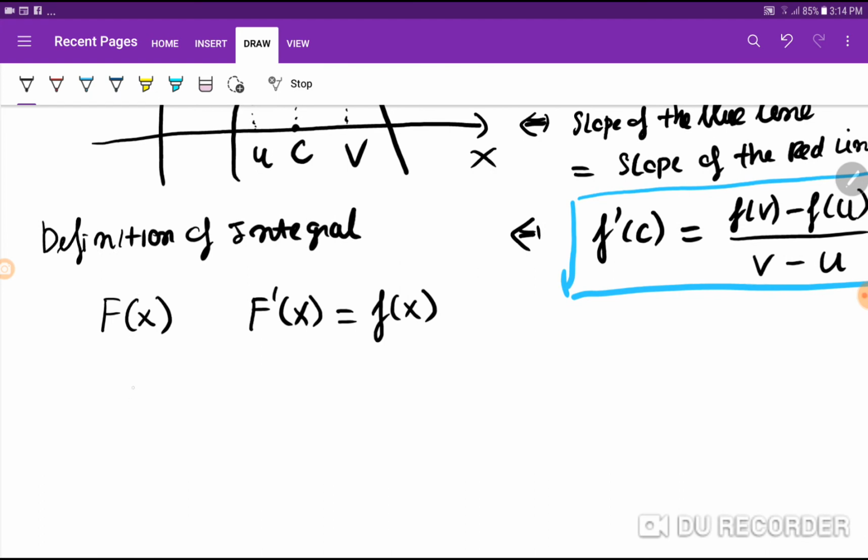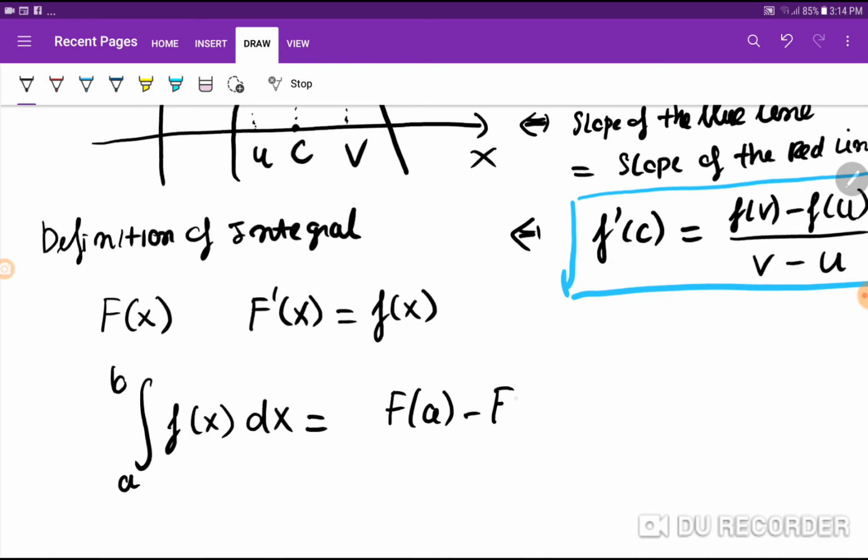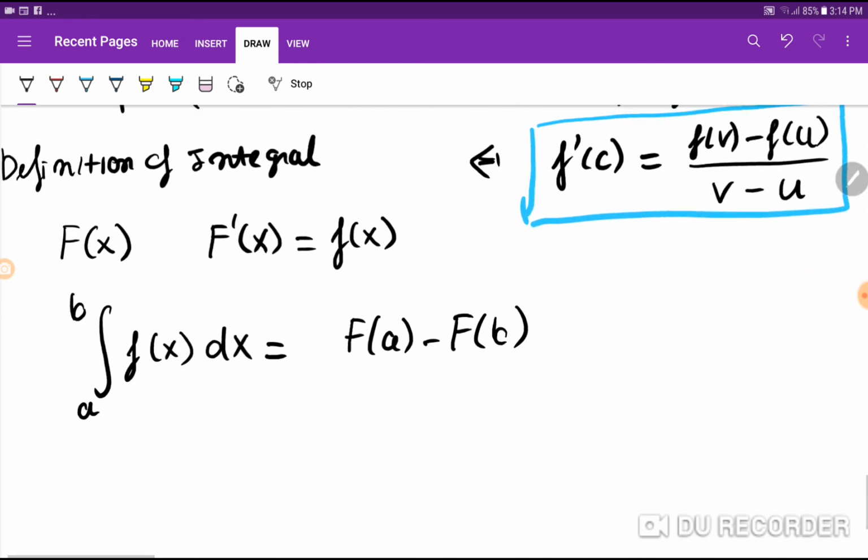So you recall the integral from a to b of f(x) dx equals F(b) minus F(a). Cool. Now I'm going to use the fundamental theorem of calculus, but I'm going to write it in terms of big F. I'm not going to write it in terms of small f anymore.